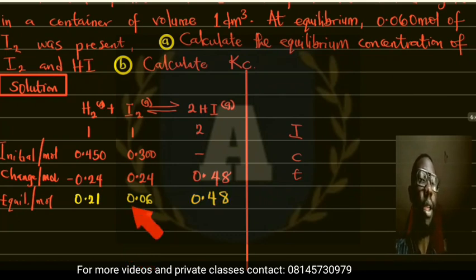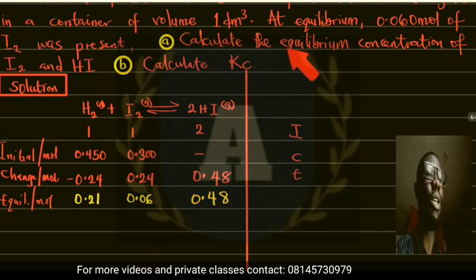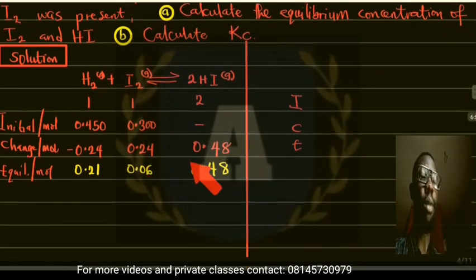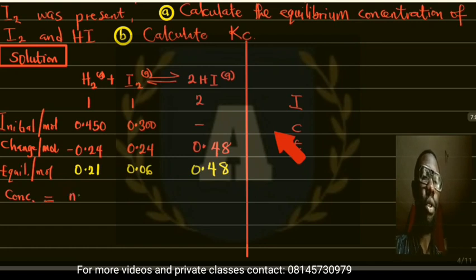But meanwhile, the question says calculate the equilibrium concentration of I2 and HI. To do that, we should always remember that concentration is equal to number of mole. That is equilibrium mole now.